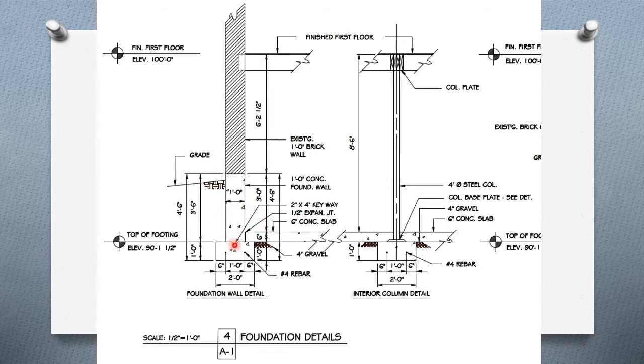Notice the little notch here. This provides a mechanical connection so that pressure against the wall here will not allow the wall to slide, because there's this mechanical notch. Notice we have an expansion joint between the 6-inch concrete slab and the wall.